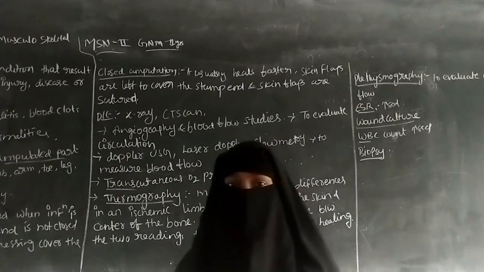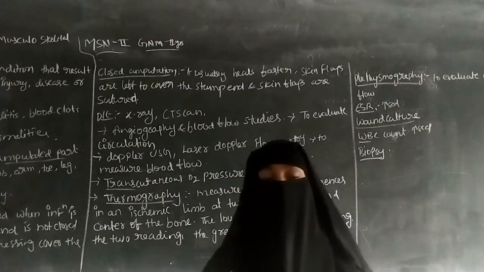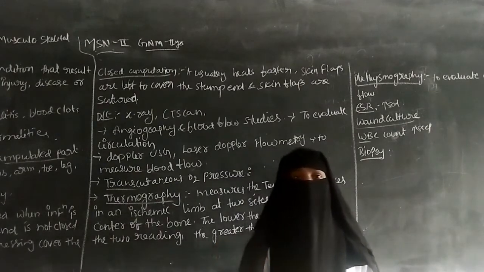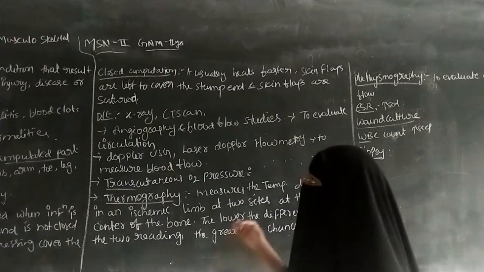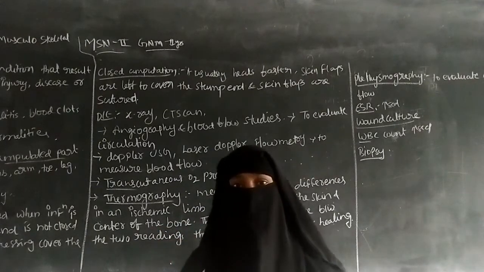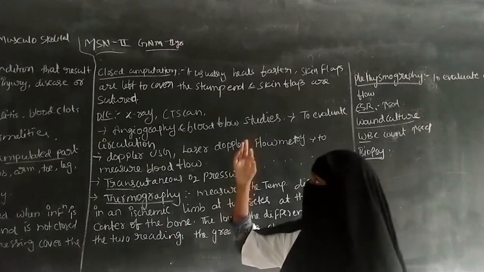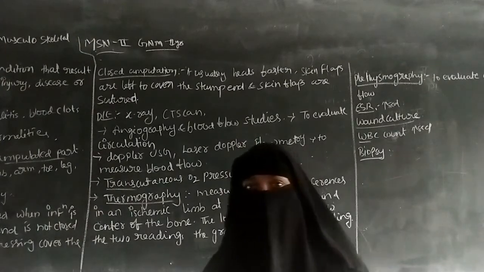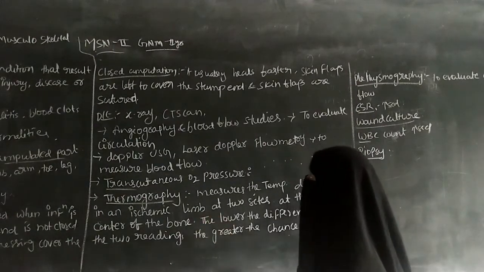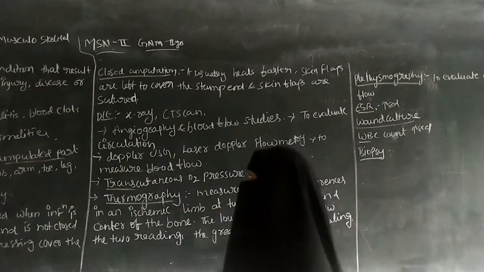Skin flaps means adjacent skin is taken to cover the wound. The skin flap is sutured, and it usually heals much faster when compared with the open amputation.